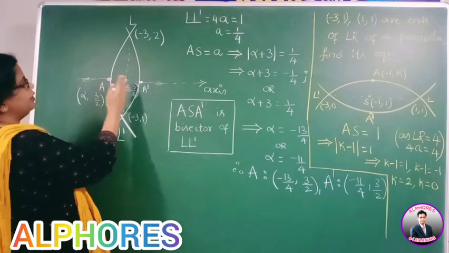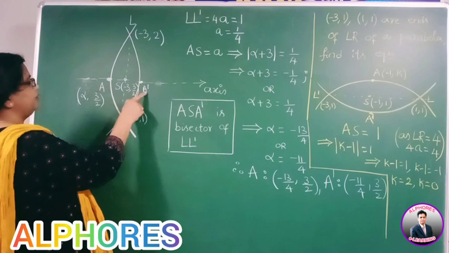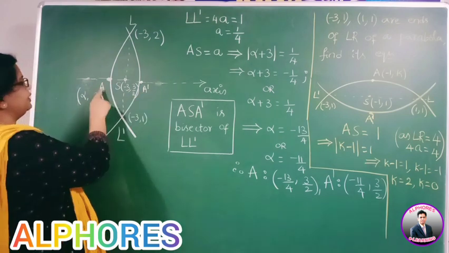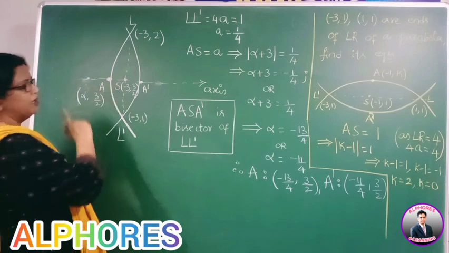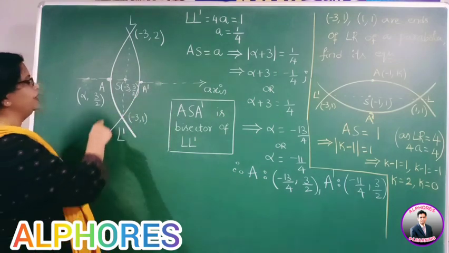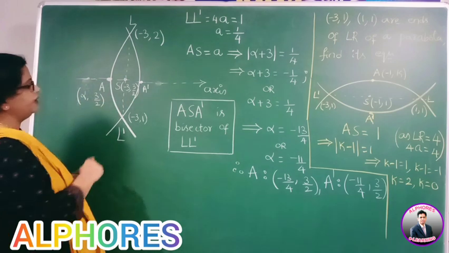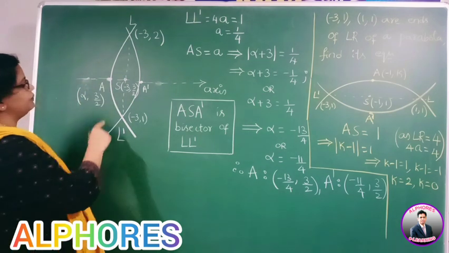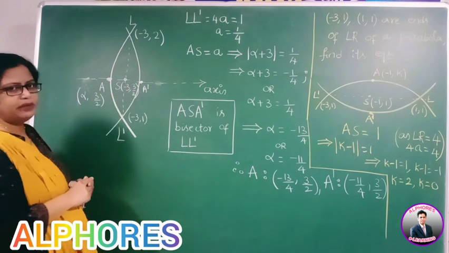As it is parallel to the y-axis, we can observe the vertices for this one and this one, and the line joining vertex and focus is always on the axis of the parabola. Since this point (-3, 3/2) is exactly on the axis, we can take the ordinate of the vertex also as 3/2.